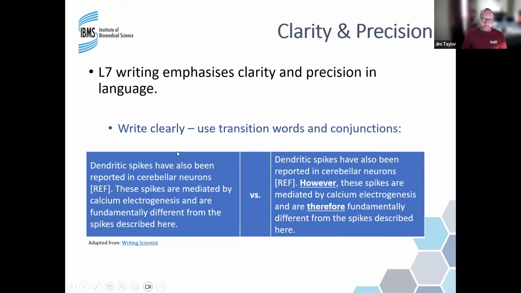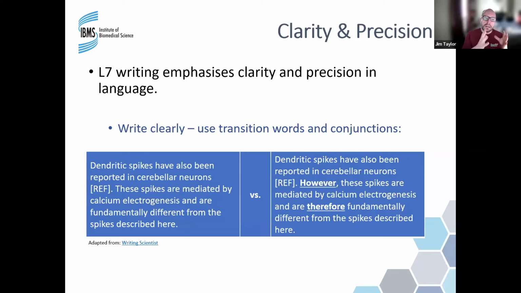The other thing that's important is to use transition words and conjunctions. When you are breaking things down into shorter sentences, make sure that those sentences are linked together rather than just presented as 2 separate sentences.